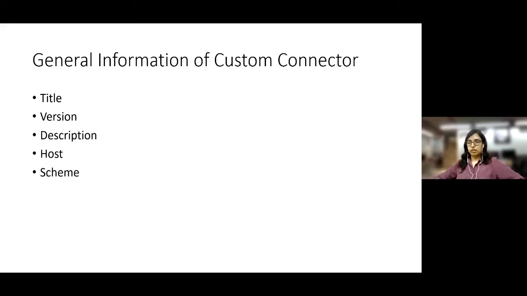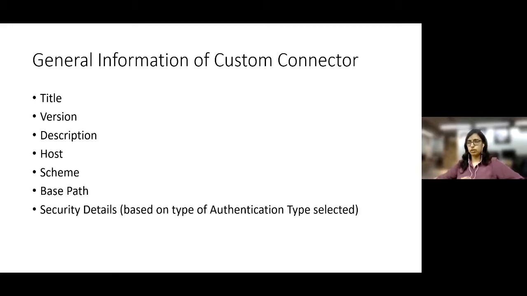Then you provide scheme details and base path details from which the API starts. Then you provide the security details based on the authentication type selected, like the authentication types which I recently mentioned, which are the API key, OAuth2, or basic authentication.